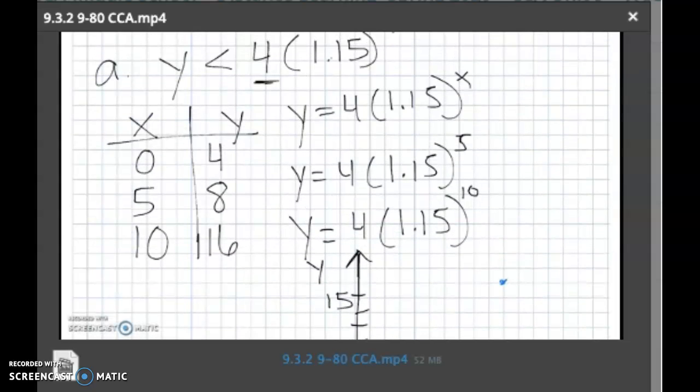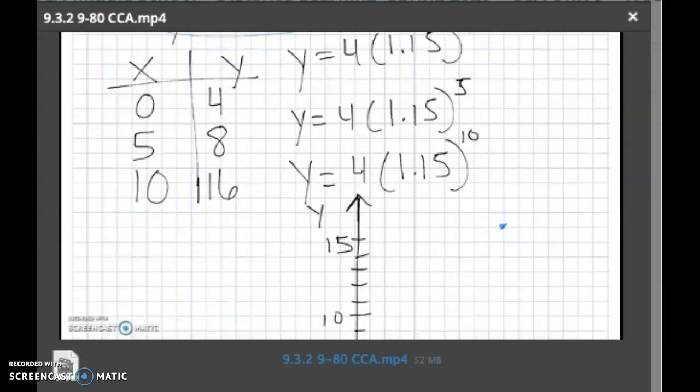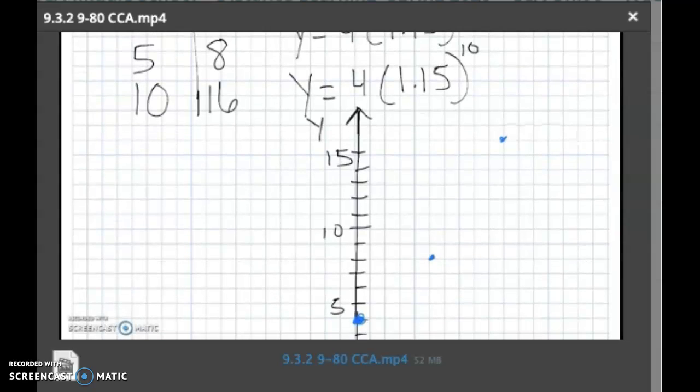When I go back and look at my inequality, I have that y is less than. There's no equal to sign, so I know that my boundary line needs to be dotted and not solid. And this should look like an exponential equation, so we know it's going to be curvy. I'll do that to the best of my ability here.